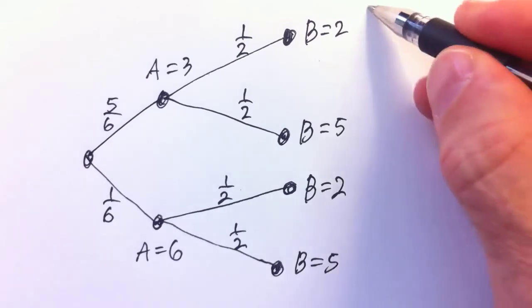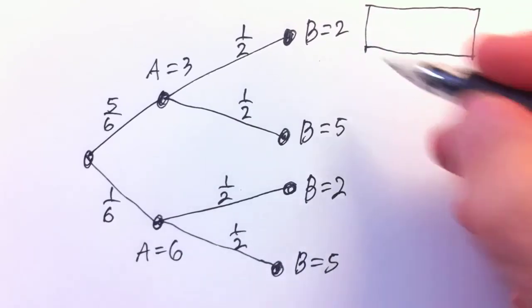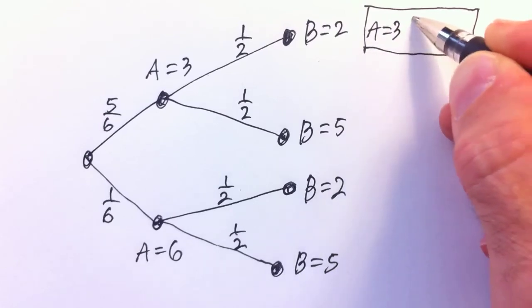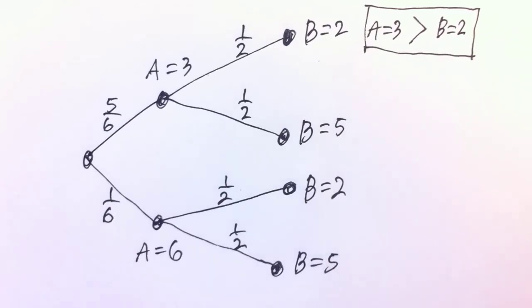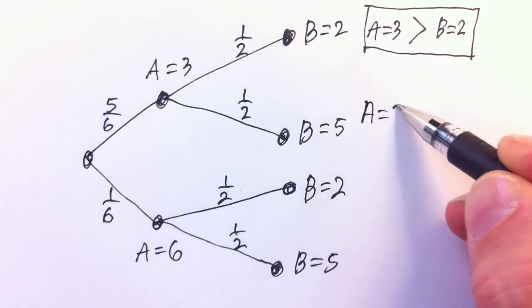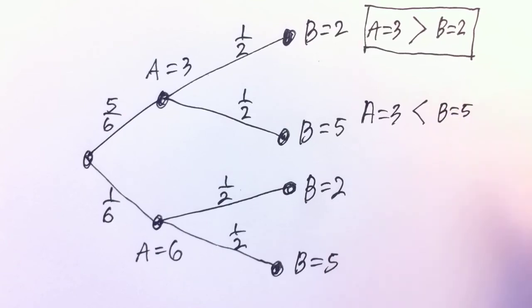Let me summarize these outcomes. This outcome is that A equals 3, and that is greater than B equals 2. Here we have A equals 3, which is less than B equals 5.